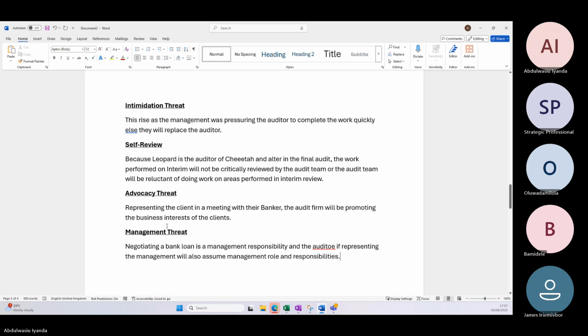So negotiating a bank loan is a management responsibility, and the auditor, if representing the management, will also be assuming management roles and responsibility. That's cool.